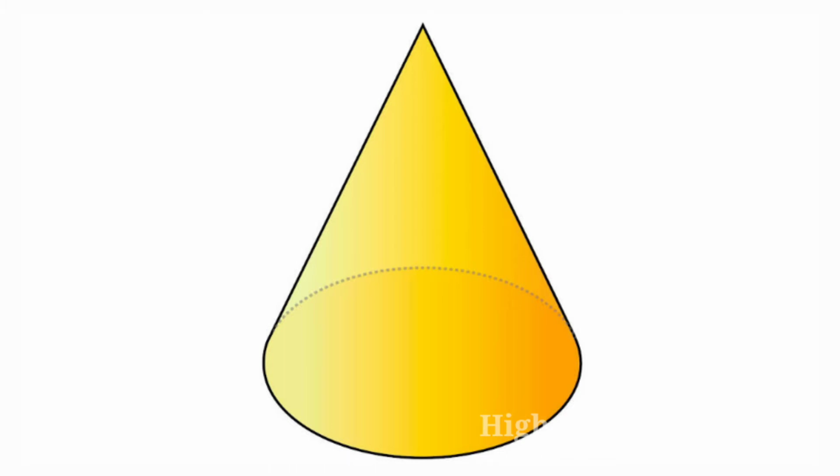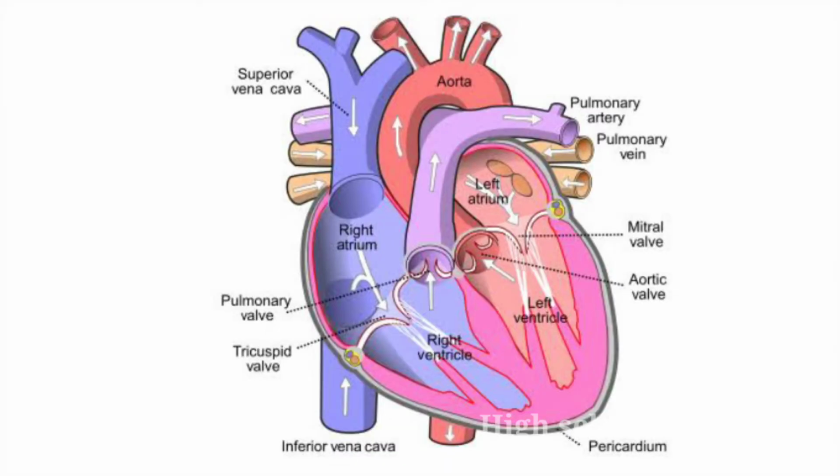The heart is cone shaped with a pointed bottom and a round top. It is held in its position by its blood vessels that carry blood to and from the heart chambers.